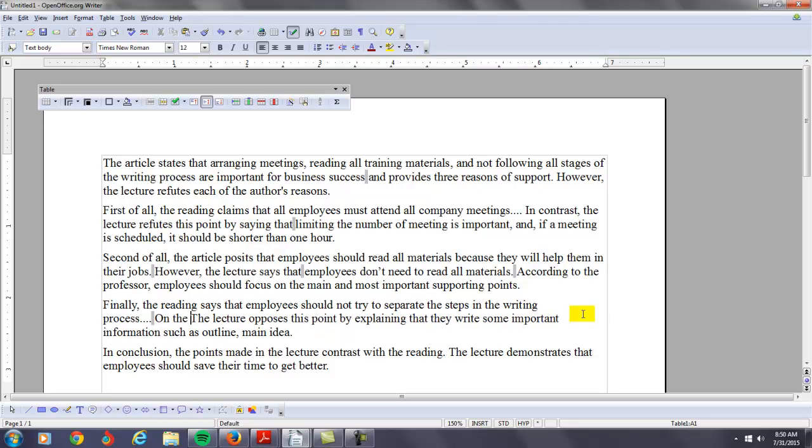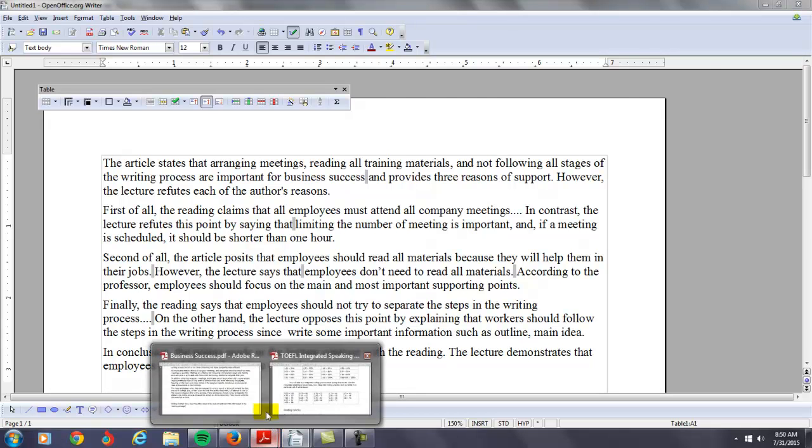In this case, you can say something like, on the other hand, the lecture opposes this point by explaining that they, how about let's use workers instead, that might work better, that workers steps in the writing process, since, now again, you need a support point here.